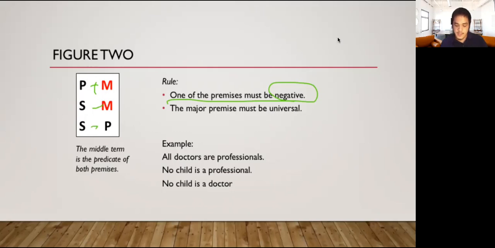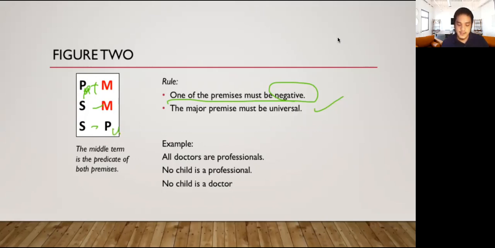The second rule is that the major premise must be universal. So again, it must start with all. Why is the second rule significant? Because when you have a particular and not universal major premise, but since you have a negative conclusion, your major term in the negative conclusion becomes automatically universal.